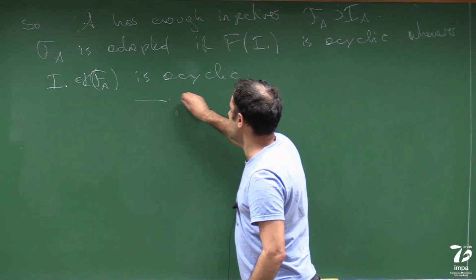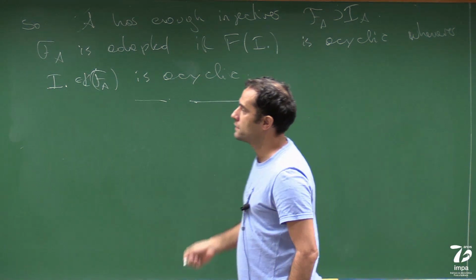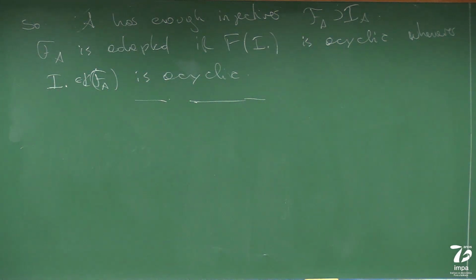And then you can use this category instead of just injectives to compute the derived functor. Same argument as before.